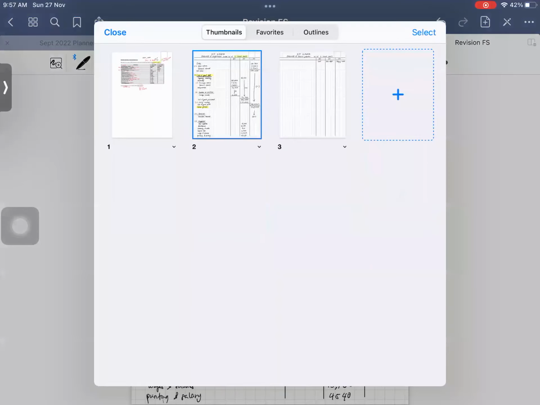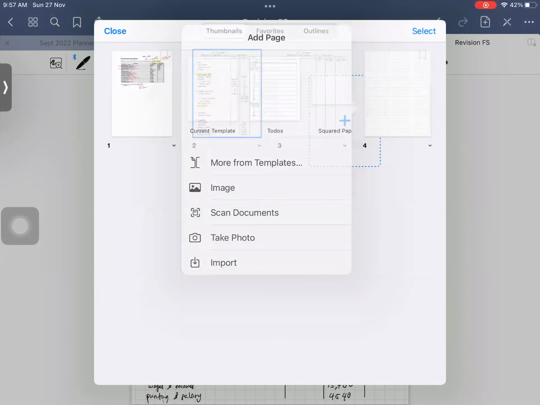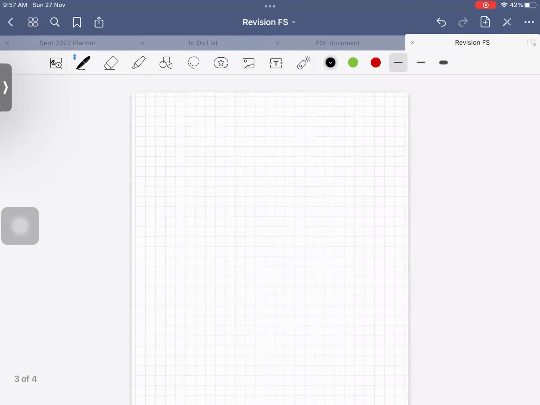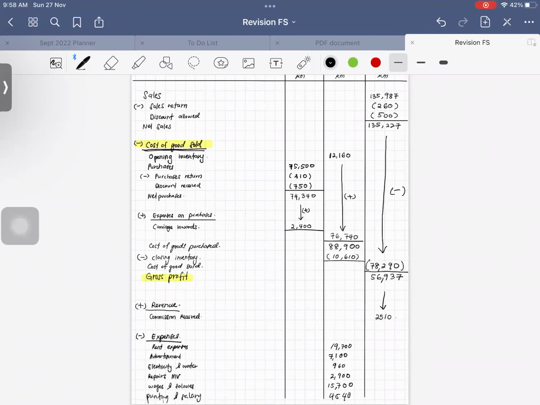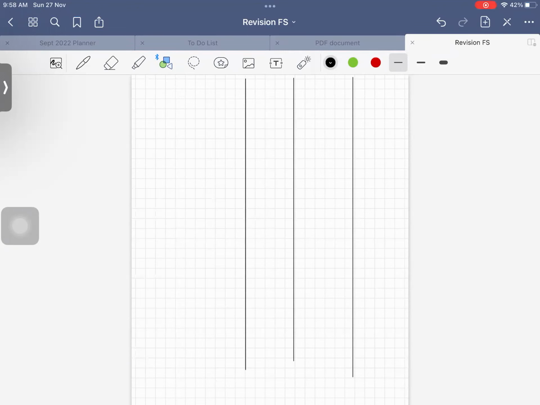Sekejap, let me add another one. Okay, I sambung bawah tau. After printing and stationery, sambung here. Okay, sambung.